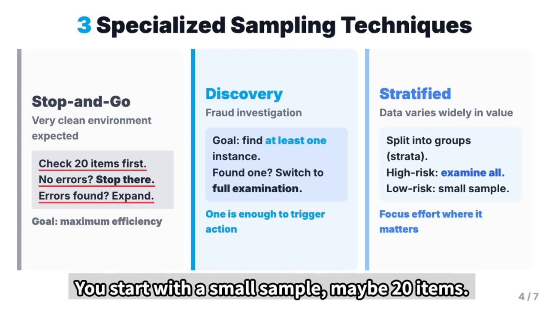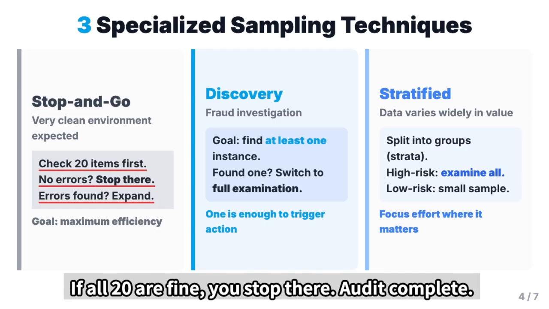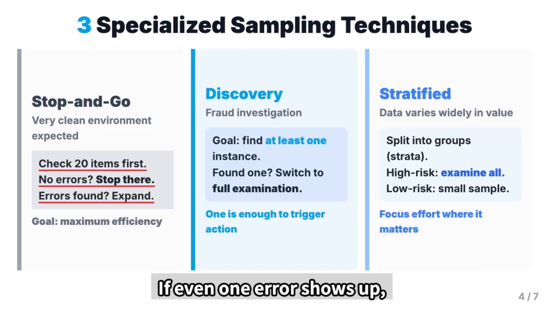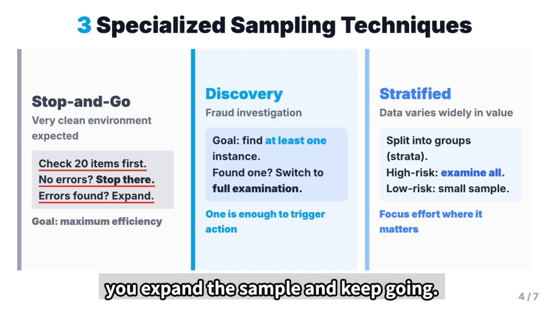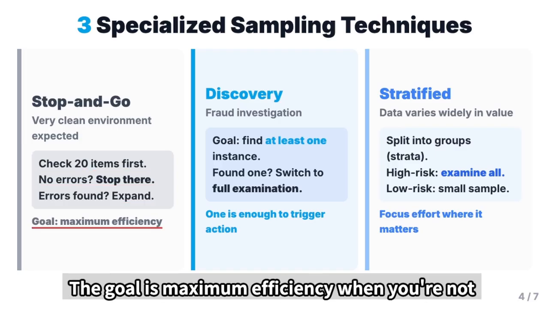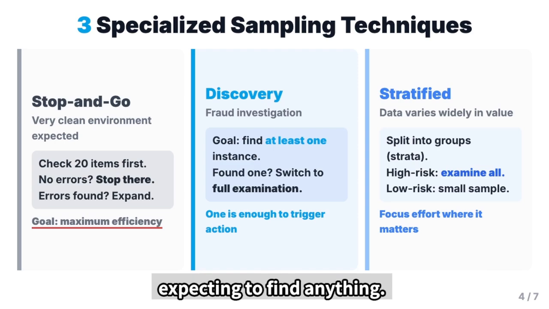You start with a small sample, maybe 20 items. If all 20 are fine, you stop there. Audit complete. If even one error shows up, you expand the sample and keep going. The goal is maximum efficiency when you are not expecting to find anything.